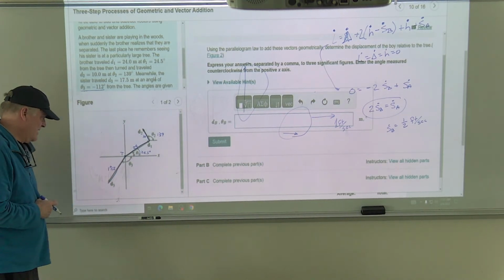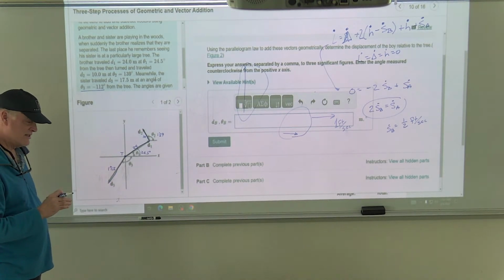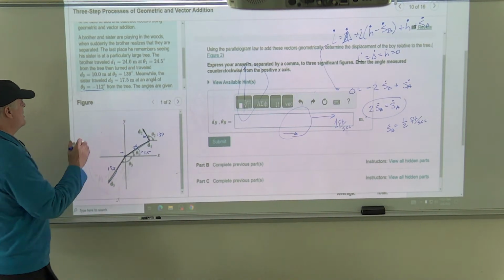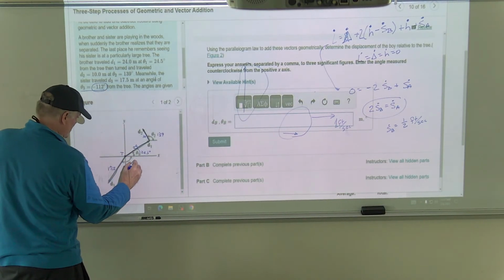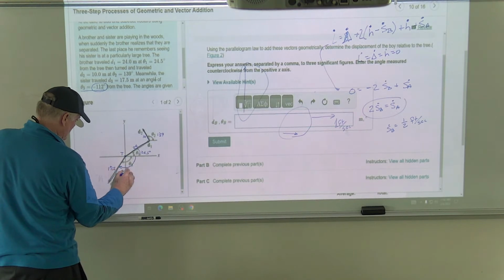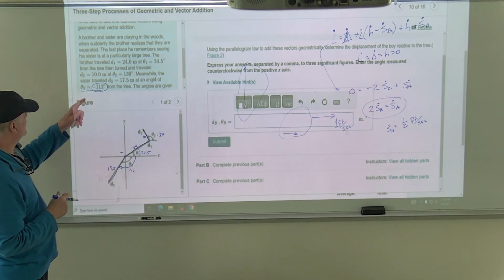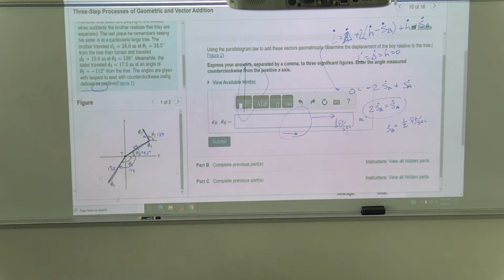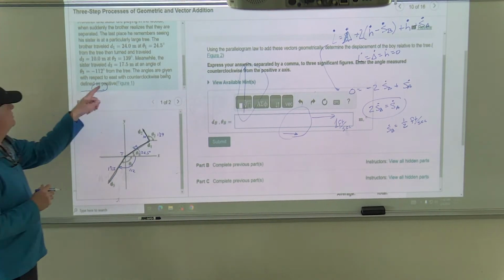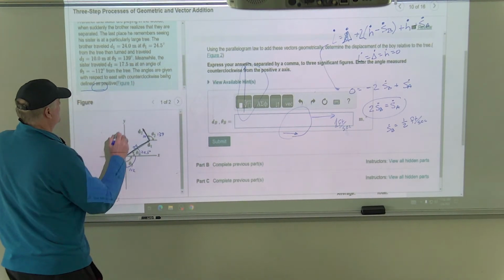Now, it kind of depends on the way you look at things, because it's kind of strange. To me, I see this minus 112 as relative to the coordinates, so I would see that as 112. And then he says the angles are given with respect to east, with counterclockwise being defined as positive.